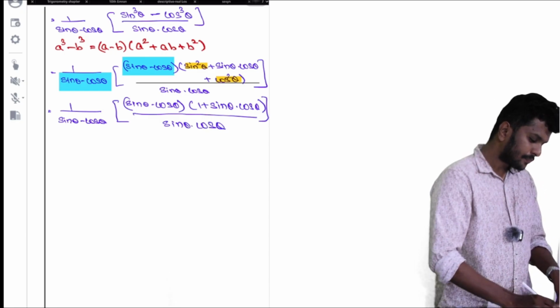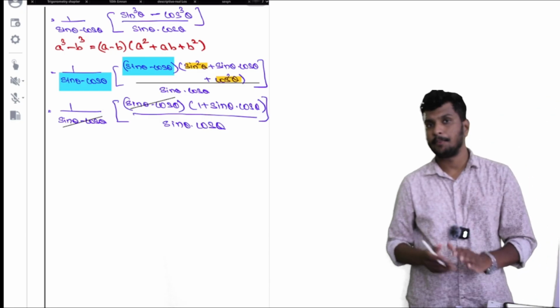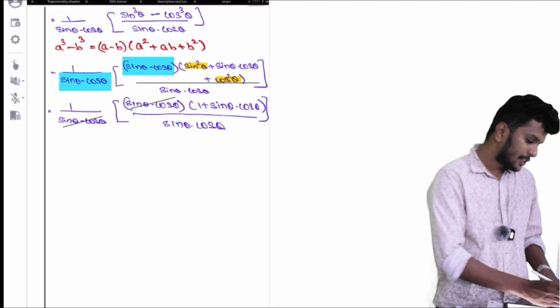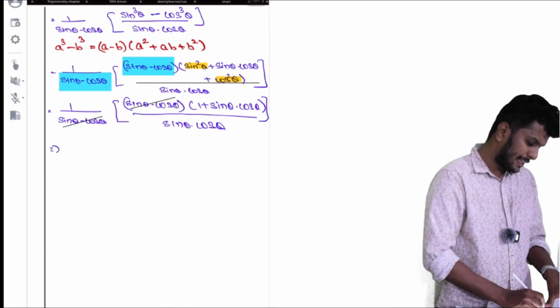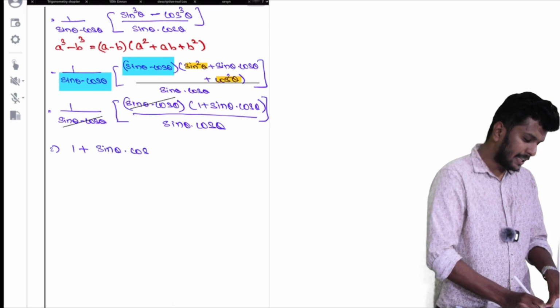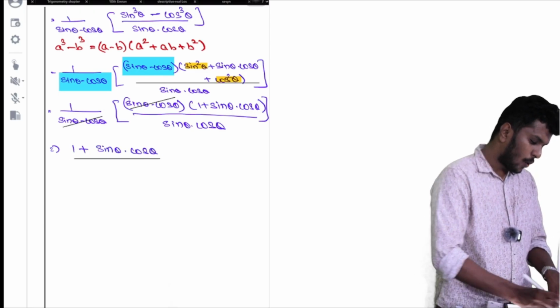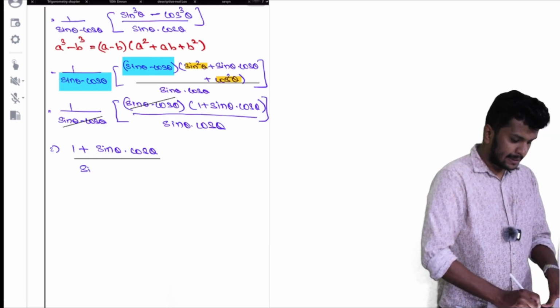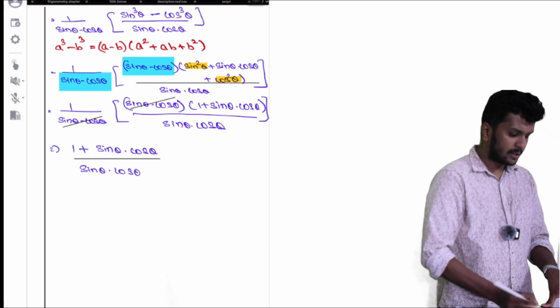Now sine theta minus cos theta from numerator and denominator gets cancelled, so you are left with 1 plus sine theta into cos theta whole divided by sine theta into cos theta.